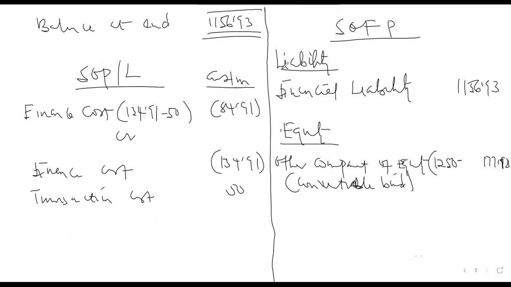So we just reduce the 1250 to 177.98, and that will give us 1072.02. So we subtract 1072.02. Something like that. Okay. That is all about this question.